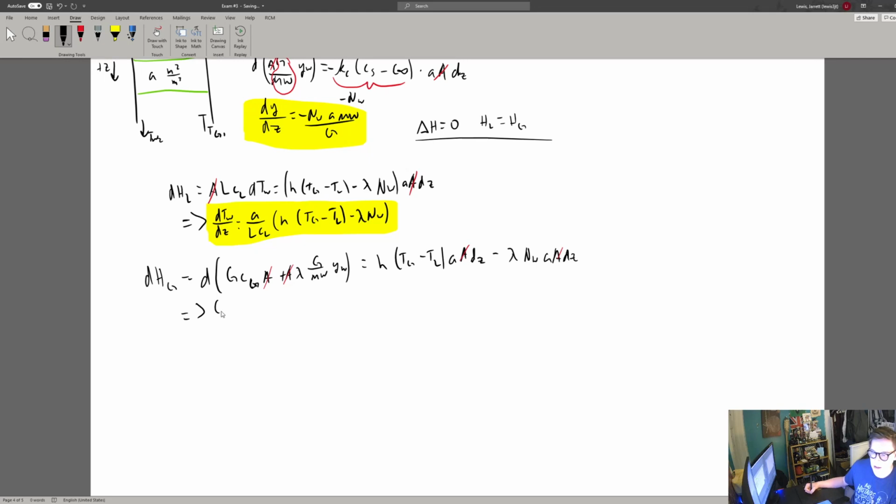So we'll just have the gas flow rate times the heat capacity, times, or plus, no, not plus yet.